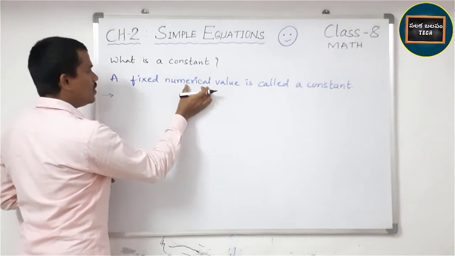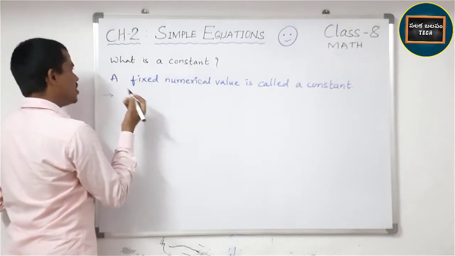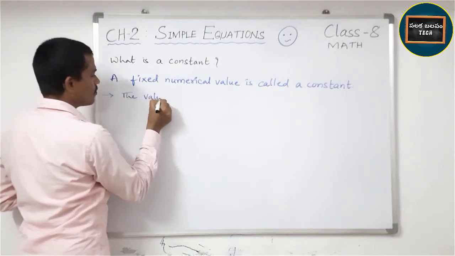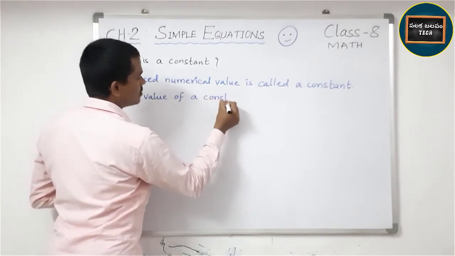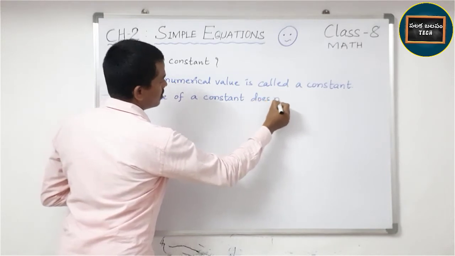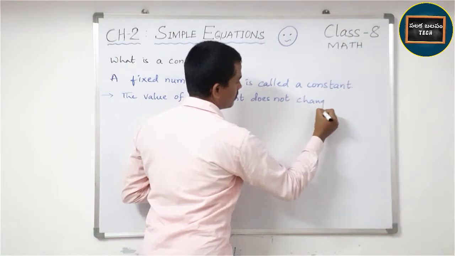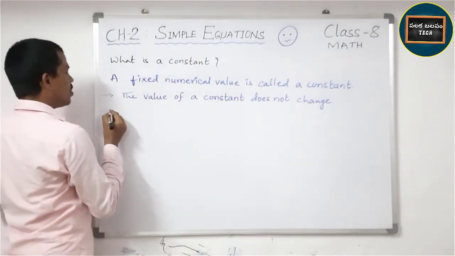Fixed numerical value, in the sense, the value of a constant does not change. Now say some examples for the constants.